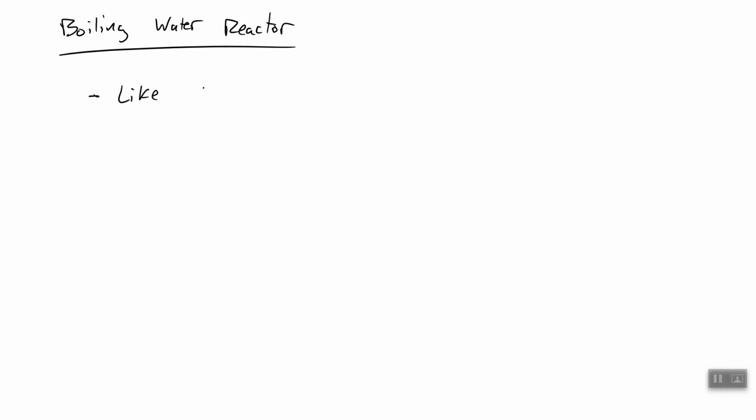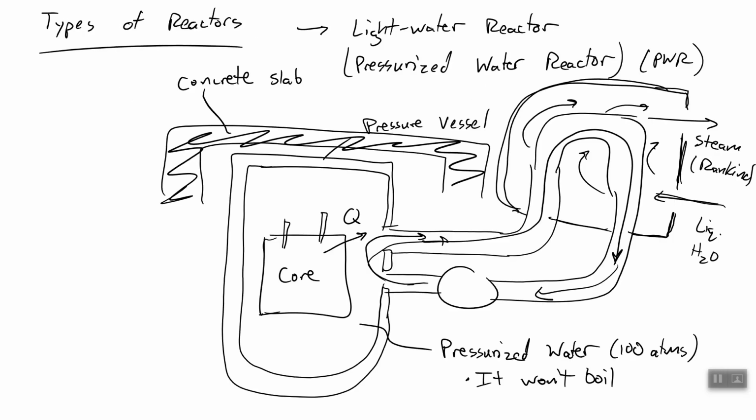Okay, the next most common form of reactor is a boiling water reactor. I'm not going to draw this because I essentially have already. We just need to take out a part. So this is just like the pressurized water reactor, but with only one fluid loop. So you see here how we had in a pressurized water reactor a single, always liquid loop transferring heat to our actual Rankine working fluid.